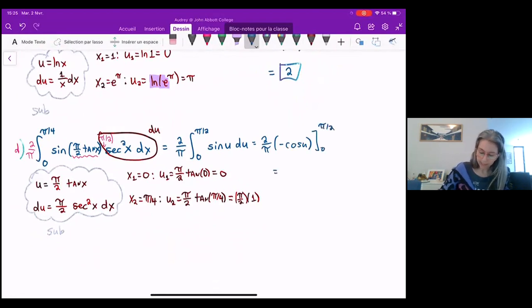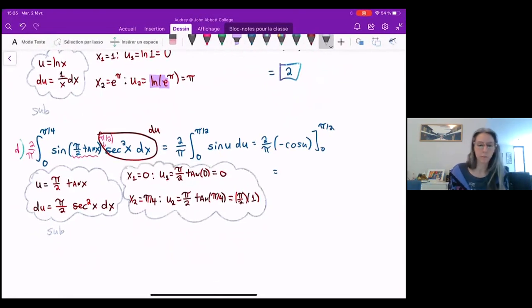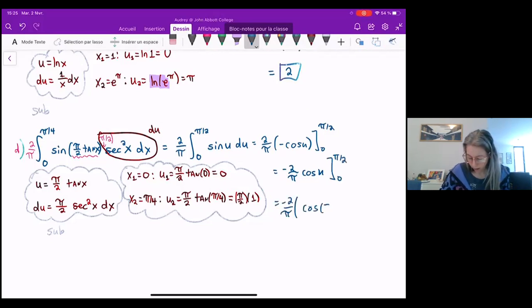And I'm just going to replace that with negative out front to make it prettier and to stop us from thinking it's subtraction by accident. So I'll have negative 2 over pi cosine u, 0 to pi over 2, negative 2 over pi cosine of pi over 2 minus cosine of 0.